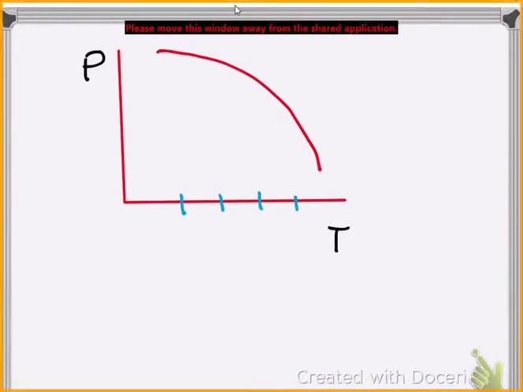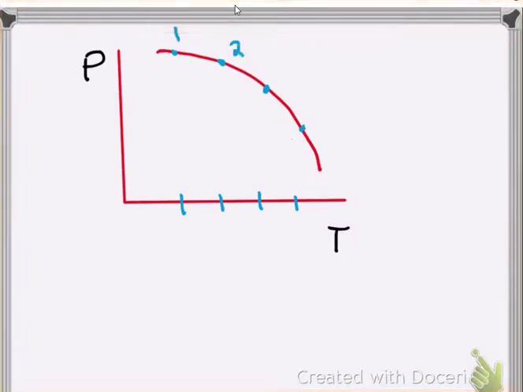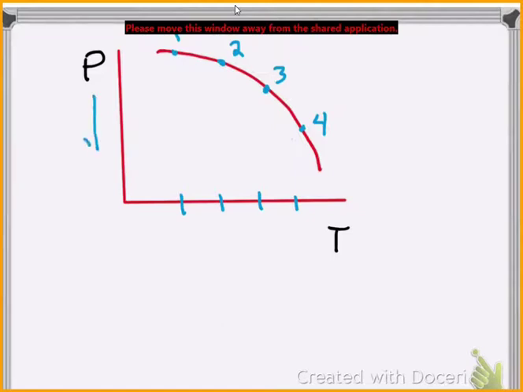And we're going to see what happens at each of those time intervals. Okay, so here's position 1, position 2, position 3, and position 4. And so, first of all, right away, we can see that as time moves on, we're moving from position 1 to position 2 to position 3 to position 4. And again, that means that the position value is decreasing. And so that means that it is moving to the left.